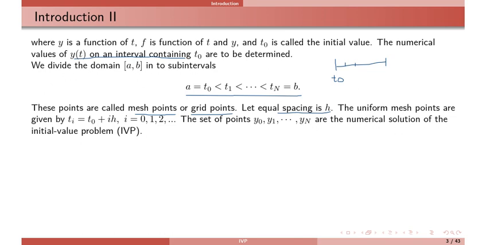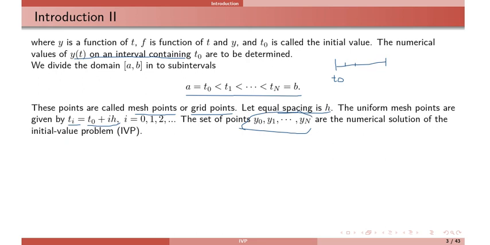The first point t naught is the starting point, which is A, and then t1 will be t naught plus h, and the next point is t naught plus 2h, and so on. In general, ti will be t naught plus ih, and these set of points and the solution at all these points.